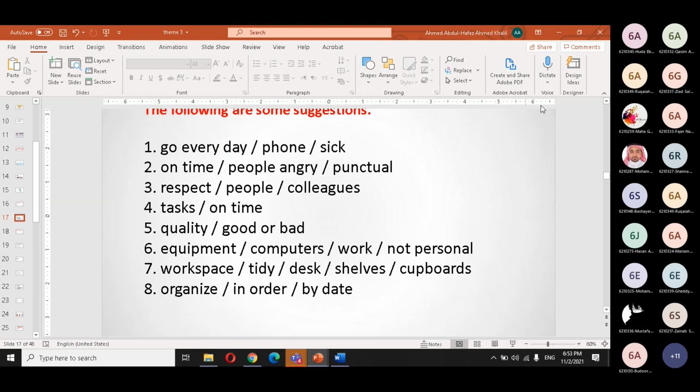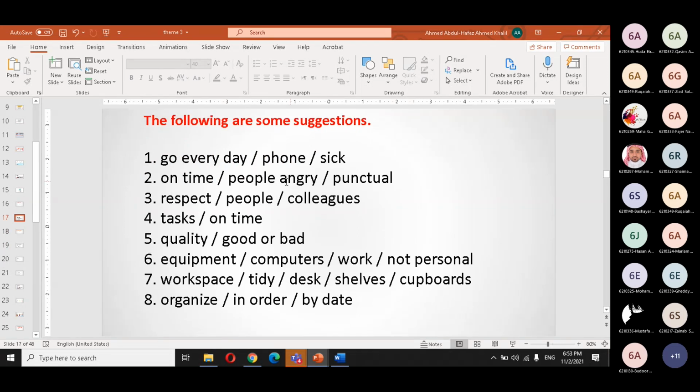The first picture, you saw these words: go every day, phone, sick. The idea here is you must go to work every day. If you are sick and you can't go to work, you must phone your manager, you must phone the company and tell them that you cannot go to work.